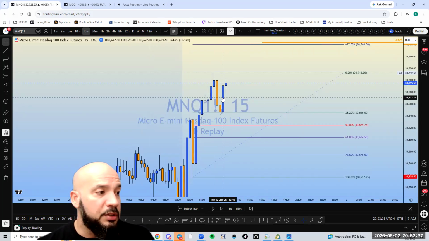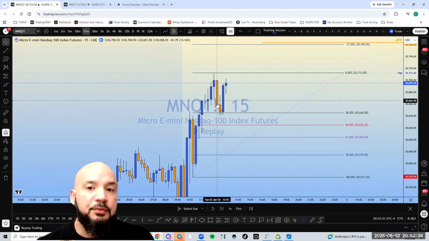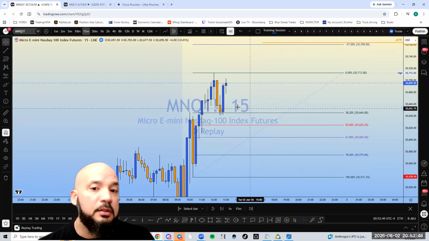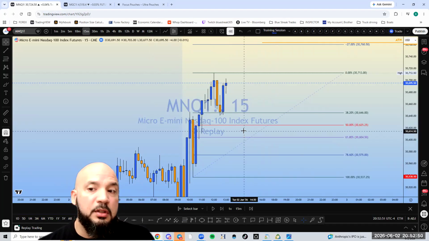There's nothing wrong with the 38.2, but you have to understand that with a shallow retracement, there is also risk for a steeper retracement. This is why I always focus on the 618, and we'll get to that one in a minute.